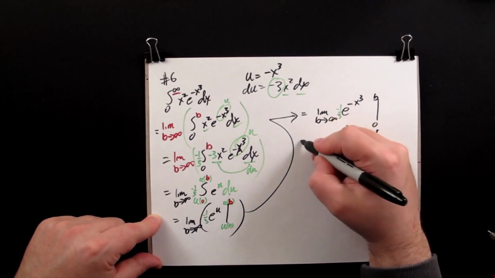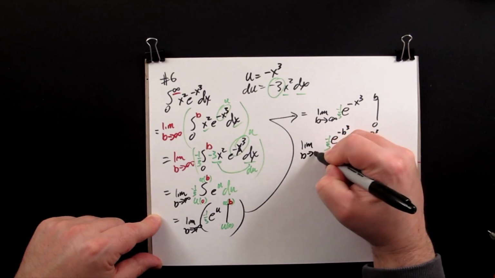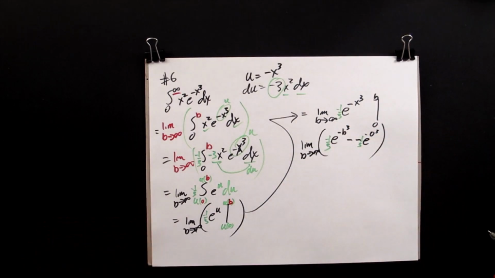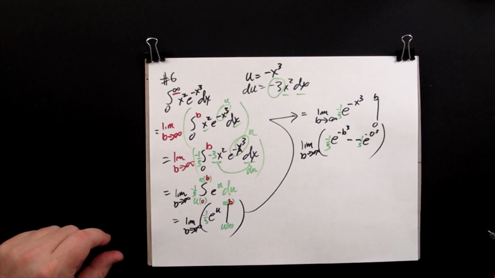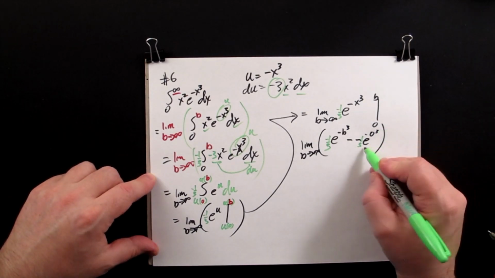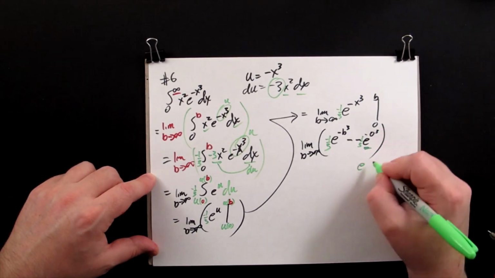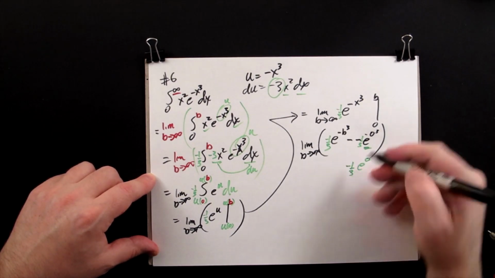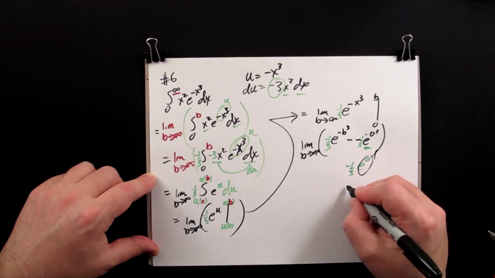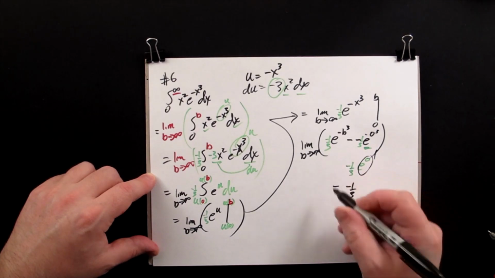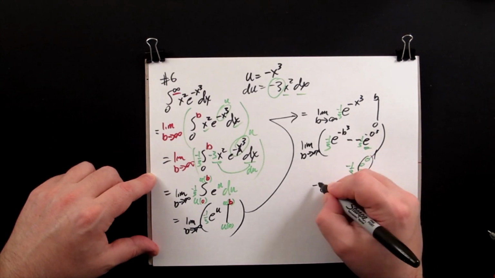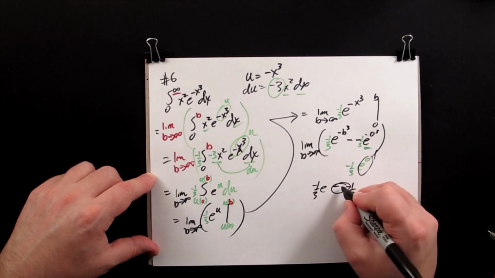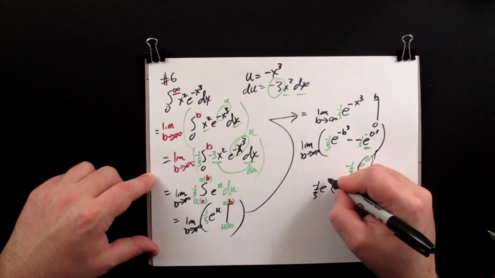Okay, still have the limit as b goes to infinity. So this is e to the 0. We have a minus 1/3 in front. So e to the 0 is 1. So this is minus 1/3 minus, so that cancels to become a plus.